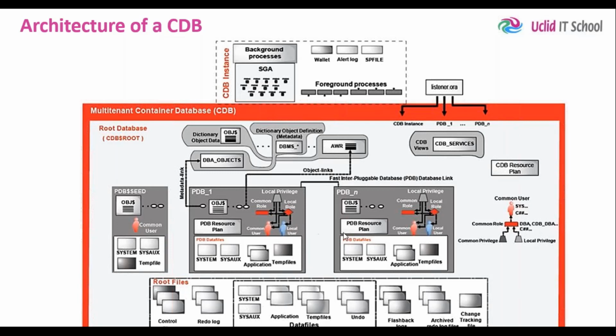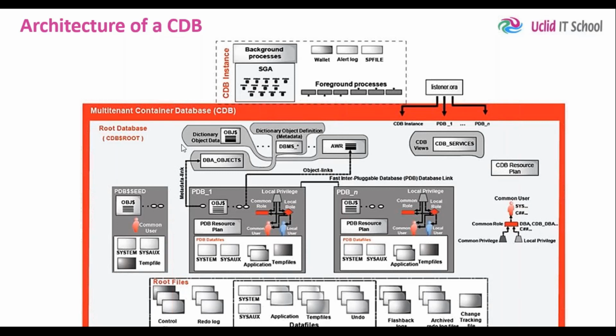All the remaining ones are user-created PDBs. So you have PDB_1, and so on up to PDB_n. These are all user-created PDBs. But the root and the seed, whose name is PDB$SEED, are created automatically by Oracle when you create the container database. So every container database will be created with the root and the seed.